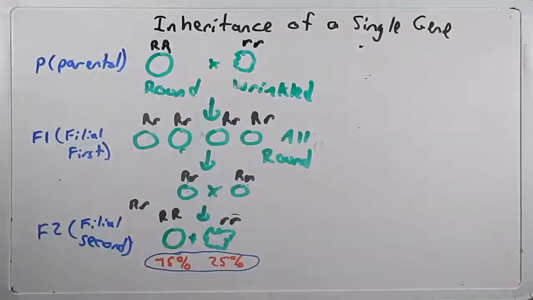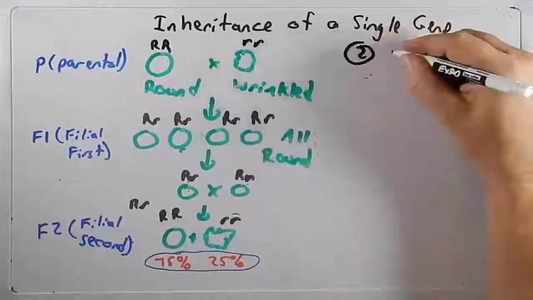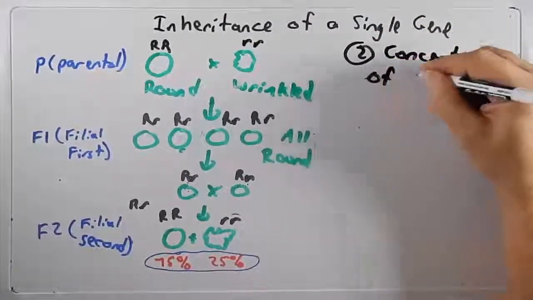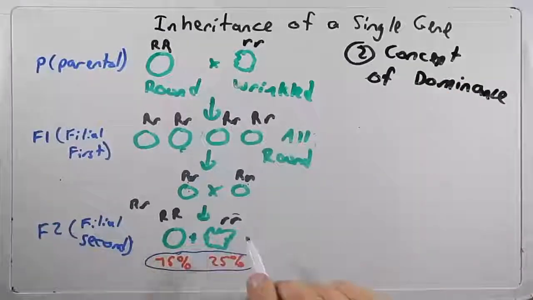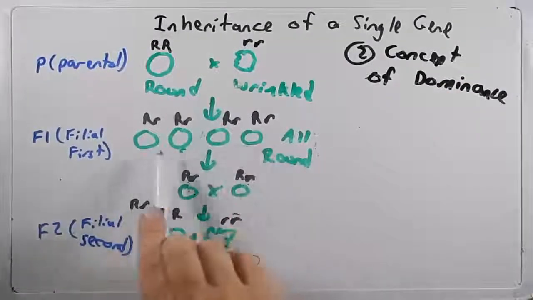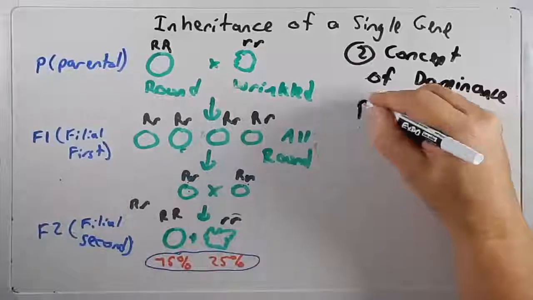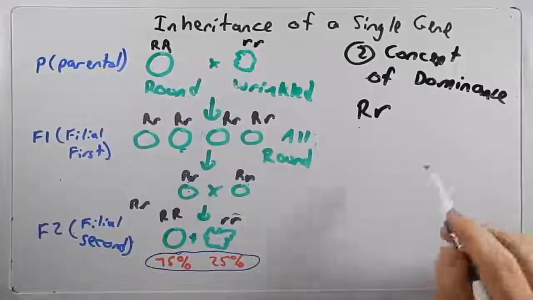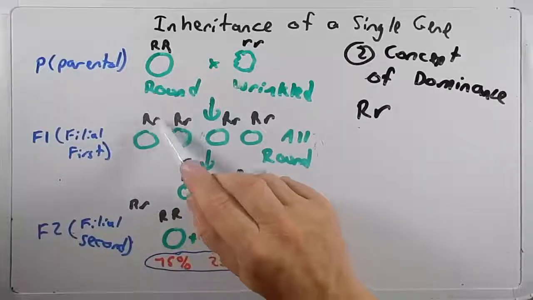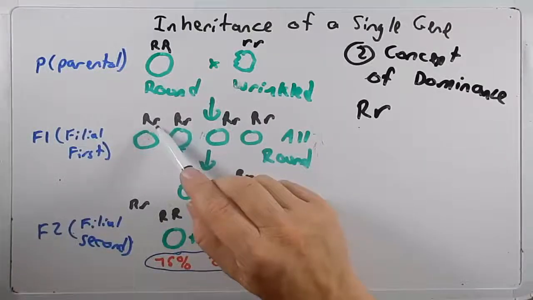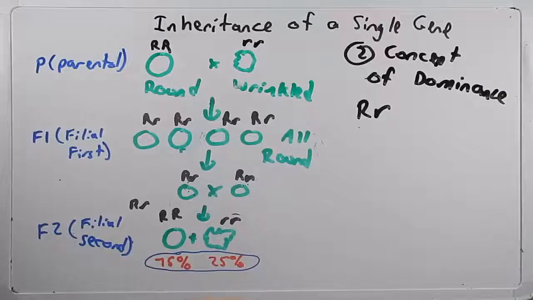Now this next observation I'm going to write down here is the concept of dominance. He reasoned that these plants here in the F1 generation must be big R, little r. They have the gene that could give a round shape, and they also have the genetic allele that could give you the wrinkled shape.